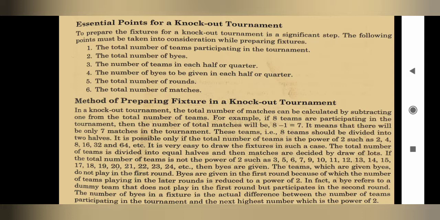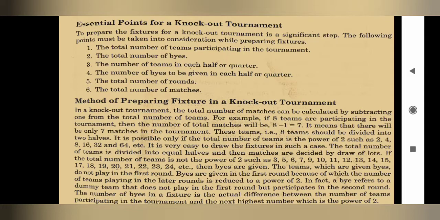Fifth is the total number of rounds, and the last point is the total number of matches. And there is a method of preparing a fixture in a knockout tournament. Basically, this is the whole process and method of how to prepare a fixture, as I told you in the previous pages.